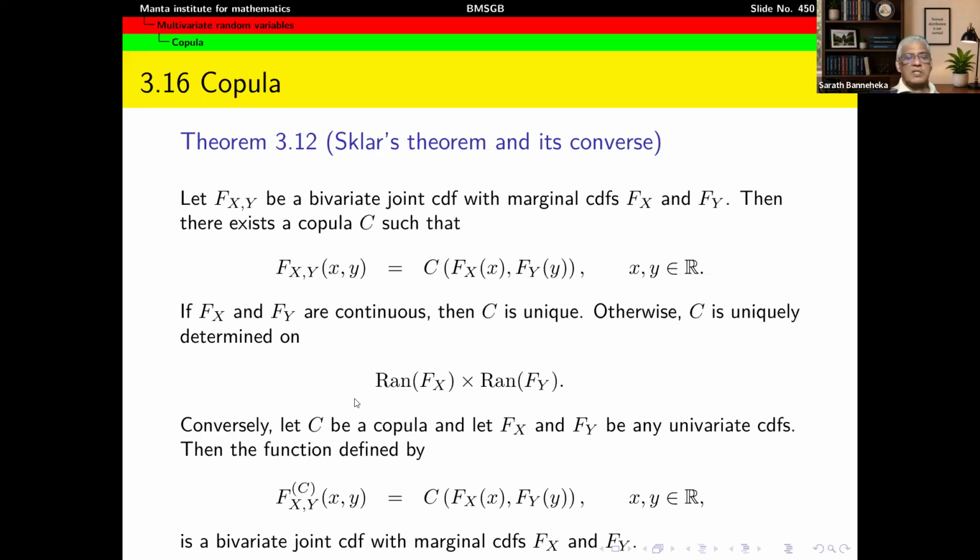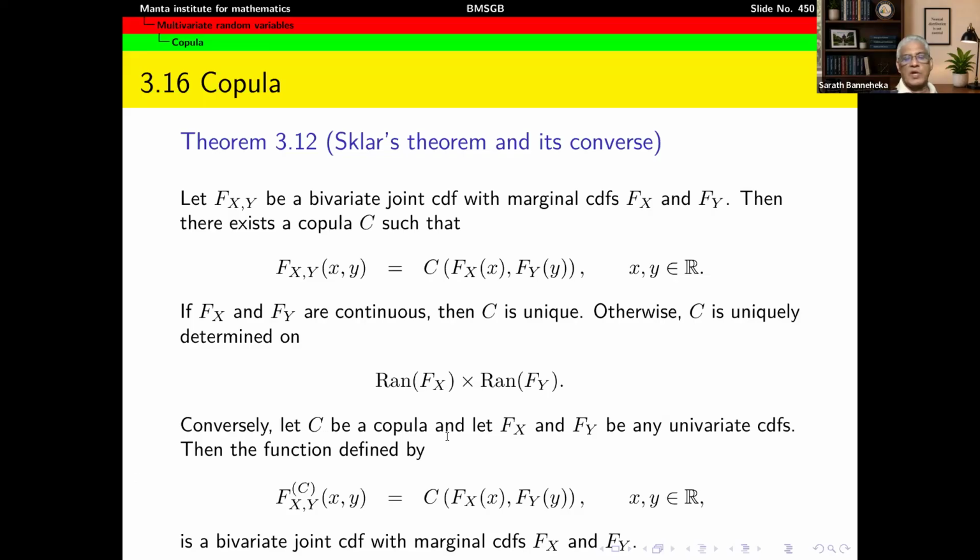And conversely, let C be a copula. Let C be some function like that, and let Fx and Fy be any univariate CDFs. Then if you substitute those Fx and Fy into the C, you get some function. And that function gives us the joint distribution of X and Y. Right. So that's the converse of Sklar's theorem.